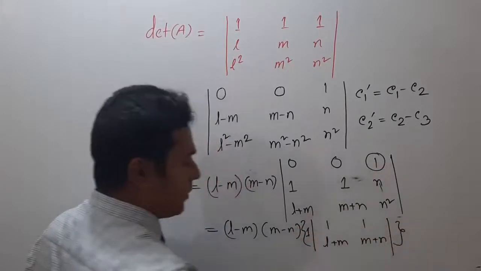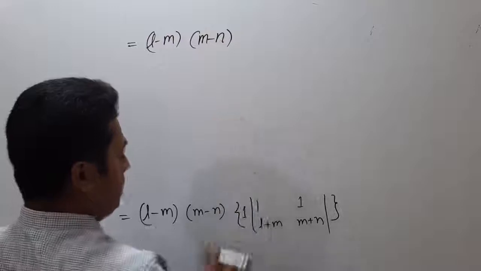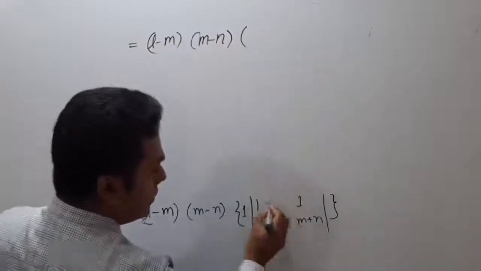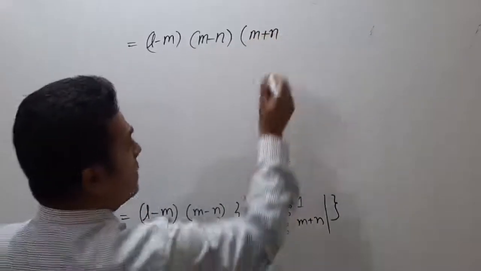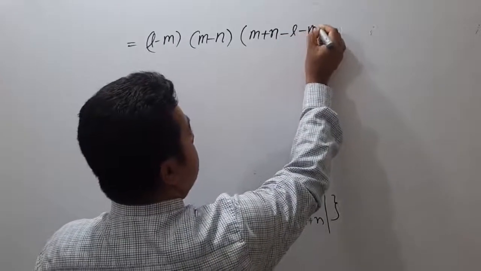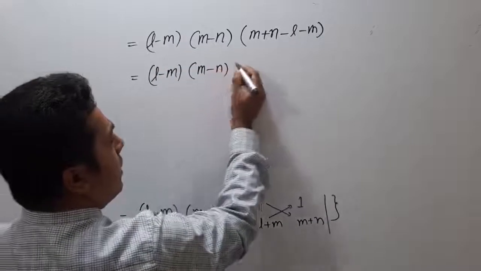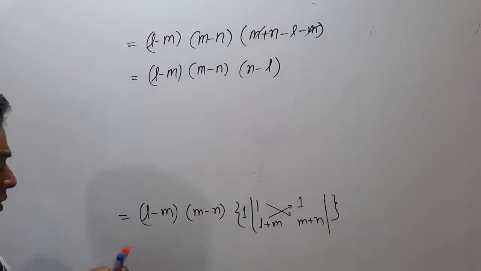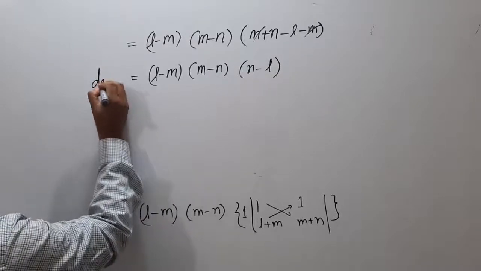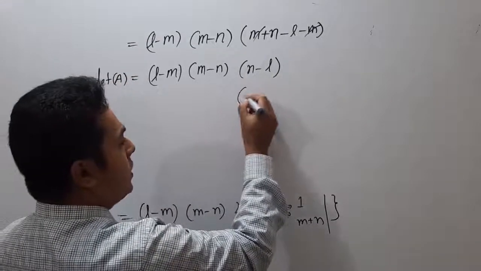Multiplying this way, M into M minus N, is equal to M plus N minus L minus M. So L minus M, M minus N, and N minus L. This is the value of the determinant of A. So the determinant of A is this. This is our proof of question B.